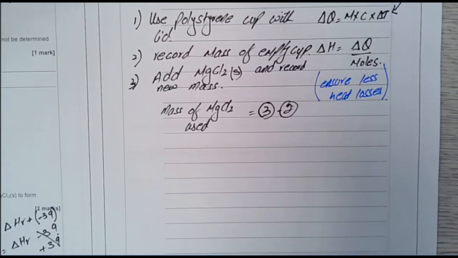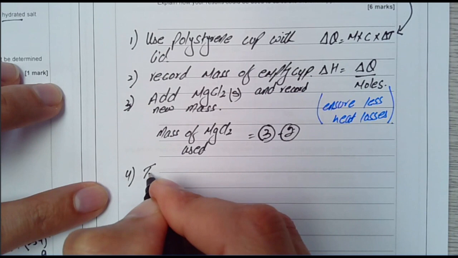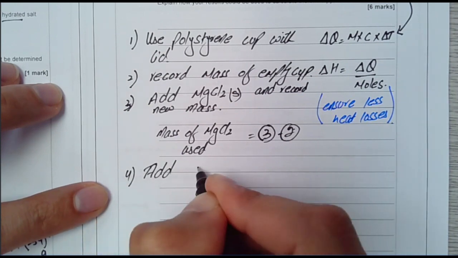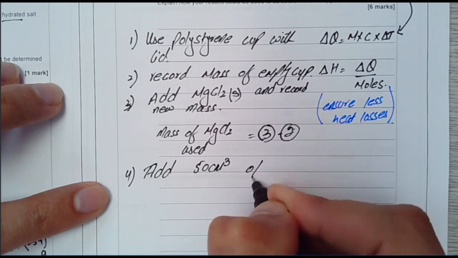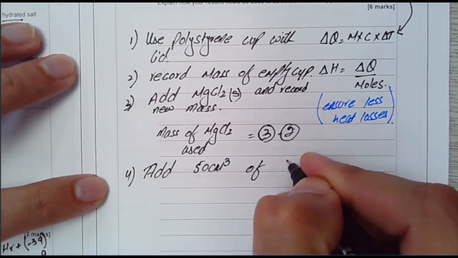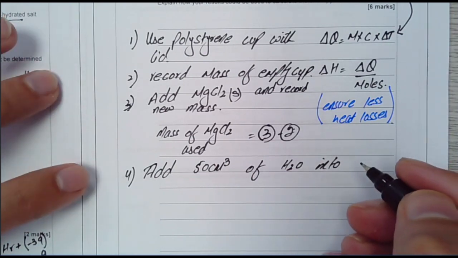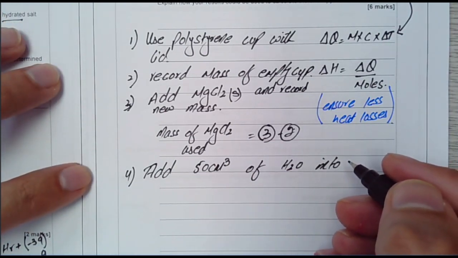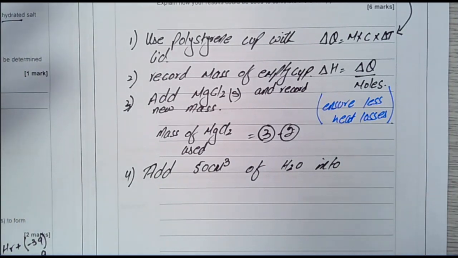Then I can say number 4, I'll say add, let's say 50 centimeter cube of water. Can I say that? Add 50 centimeter cube of water into, now I think I've gone a little bit wrong here.